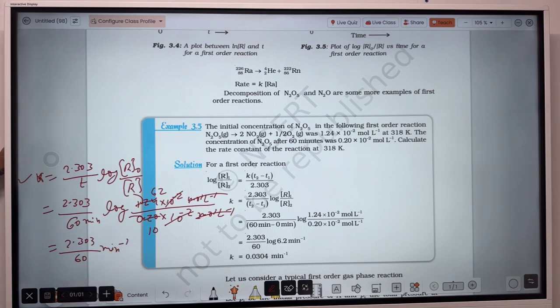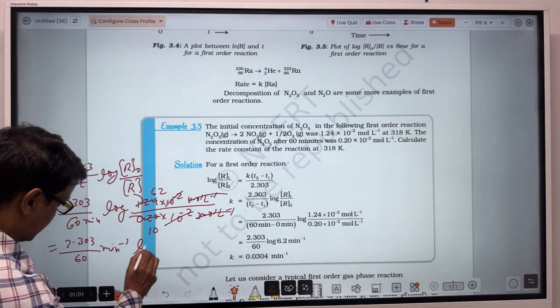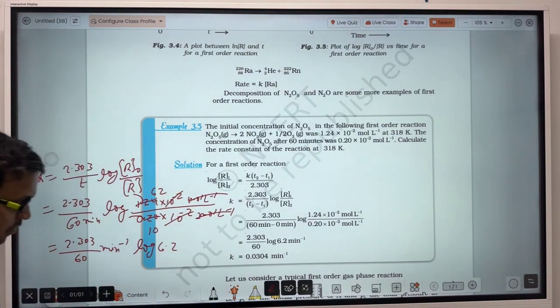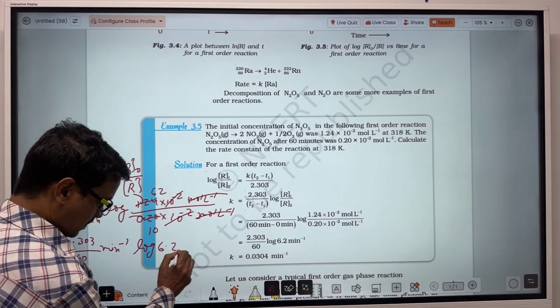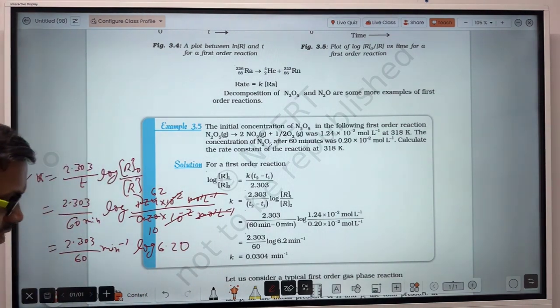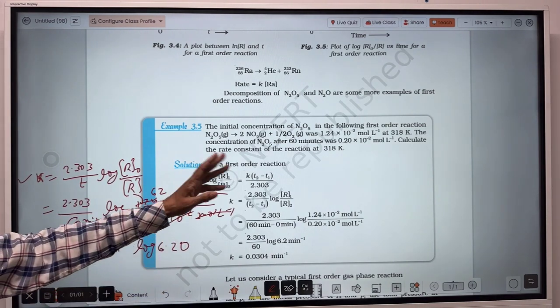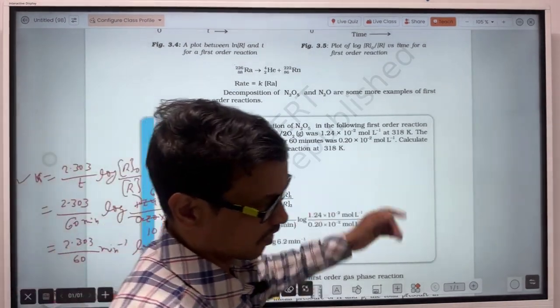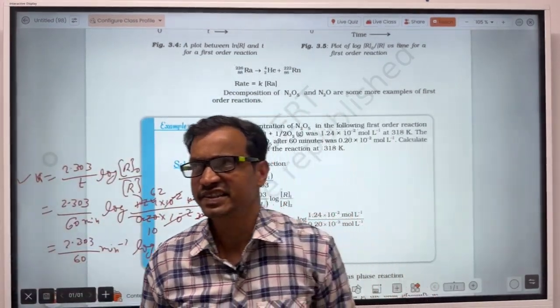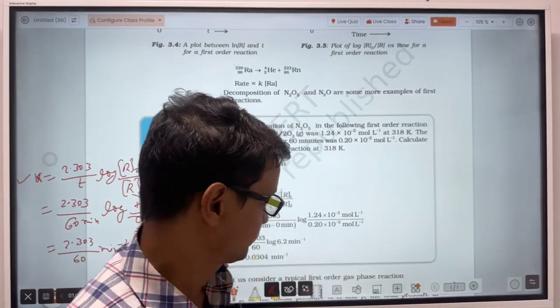So how do you find out log 6.2? You can write log 6.20 and go to the log table on the back side of the NCERT book.